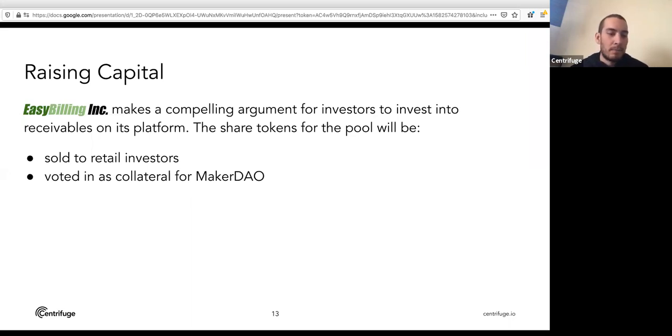That's the drop. And there are different ways. You can go to retail investors, or you can look at locking up assets into DeFi protocols.